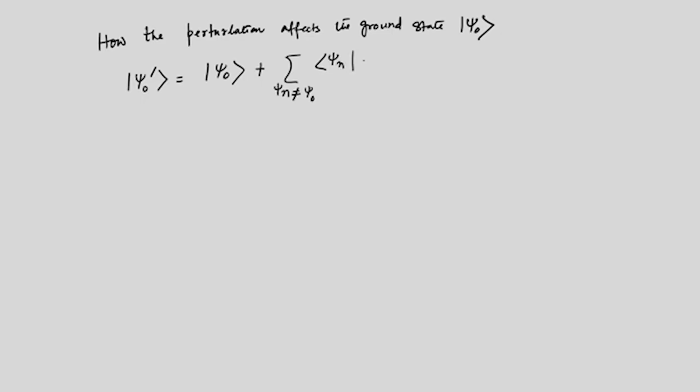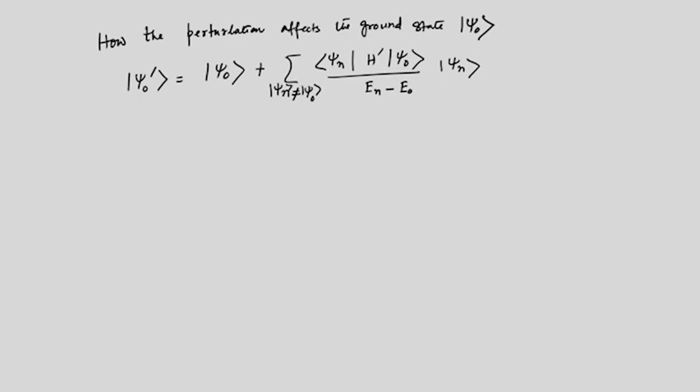So, this is the sum over psi n of psi n, H prime, psi 0, divided by E n minus E 0. What I have done is introduce a completeness of states, and that is why I sum over psi n, which is of course not equal to psi 0, because otherwise the denominator diverges.